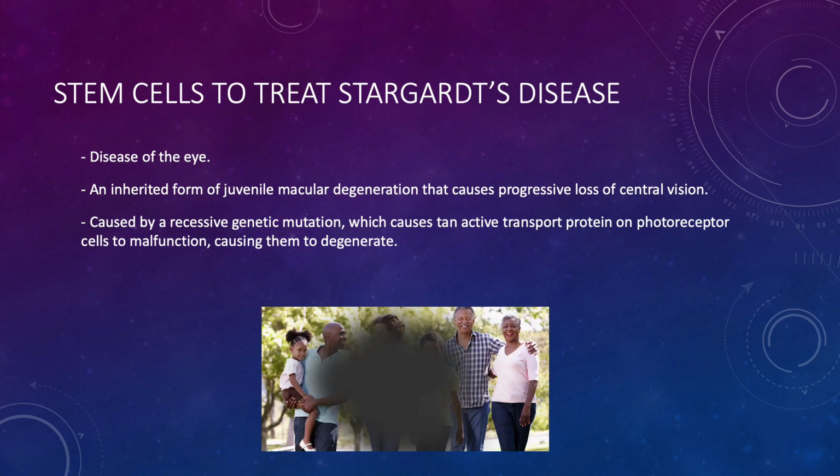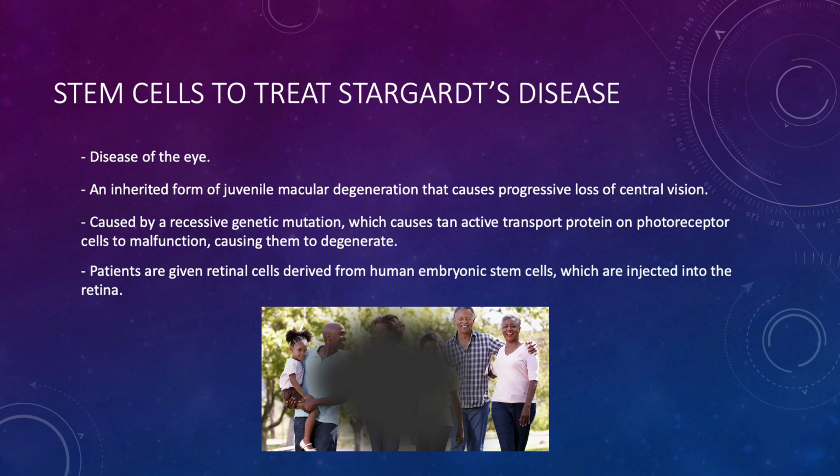And it looks something like this in this photo. There'll be a spot in the middle of the eye that completely loses vision. And so patients are given retinal stem cells derived from human embryonic stem cells, which are injected into the retina, and they have been shown to give back this vision.